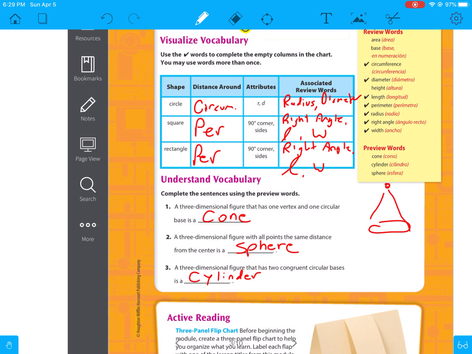There's a spot inside where everything around that, since it's perfectly round, is equal from every one of those. And then 3 is a three-dimensional figure that has 2 congruent circular bases. It was a cylinder. So think about a canned good, a can of Pringles, a hockey puck, how it's 2 circles, and then you have the height.